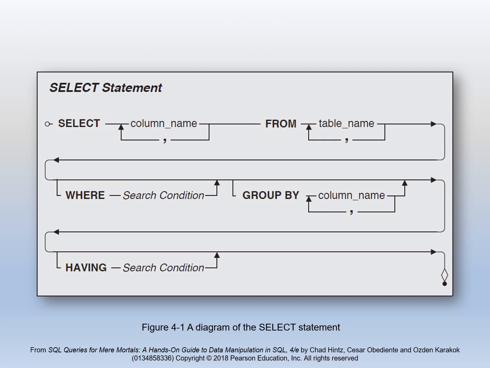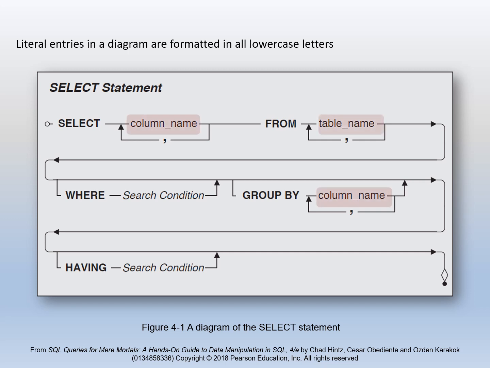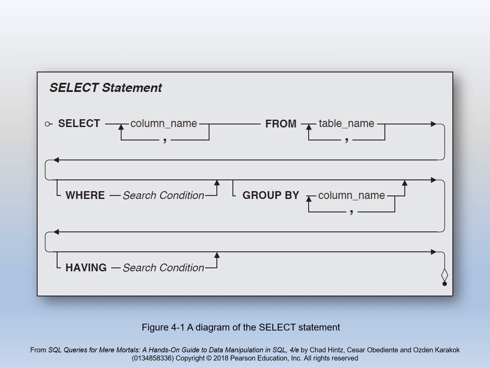Recall in our diagram standard that literal entries are formatted in lowercase letters. For the select statement, the literal entries would be the column names and the table name. Also, with our diagram standards, defined terms are always formatted in italics. With our select statement, our defined terms are the search condition for the where clause and the search condition for the having clause.